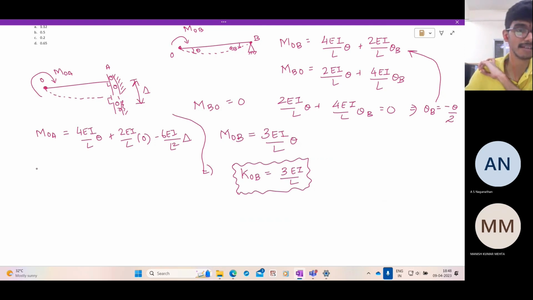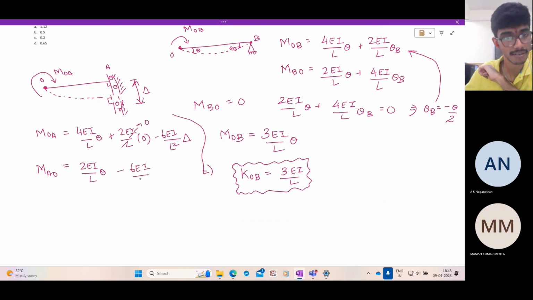So this is one equation. And what is MAO? MAO is 2EI by L theta plus 4EI by L into 0, minus 6EI by L square delta.